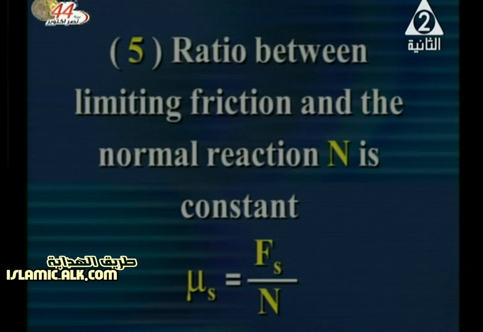The coefficient of friction equals Fs over N. What is Fs? Static friction force. What is N? Normal reaction. Remember, dear student, the coefficient of static friction is the ratio between the static friction force and the normal reaction.